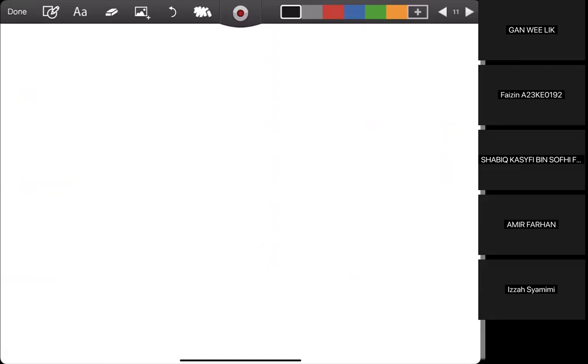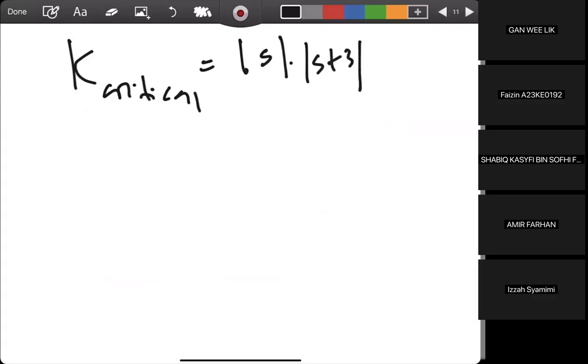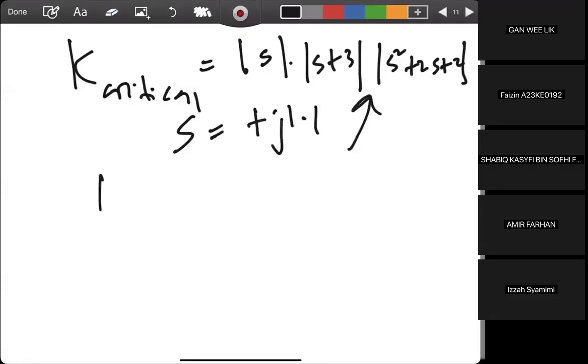And the gain value K critical, because at jω, is K over (s + 3)(s^2 + 2s + 2). Okay, so use plus j1.1, insert it inside, then you will find the K critical at 8.16.